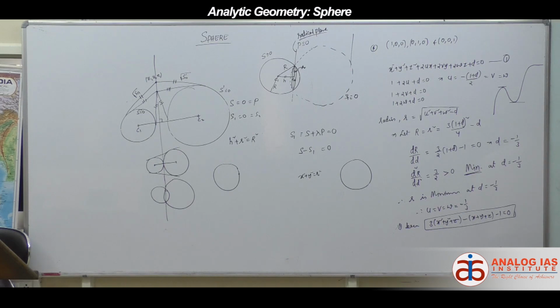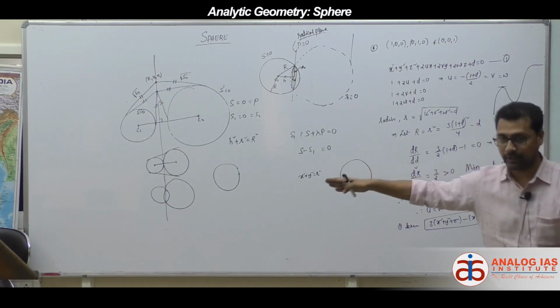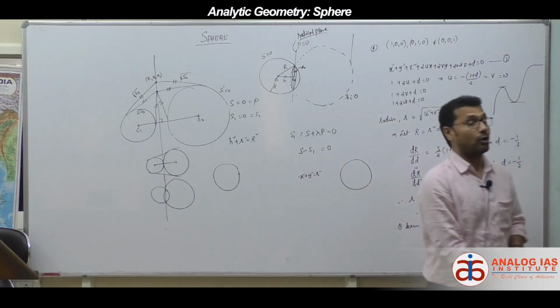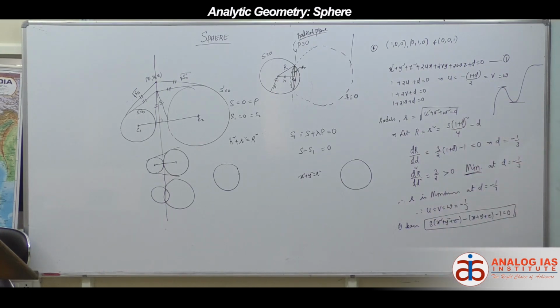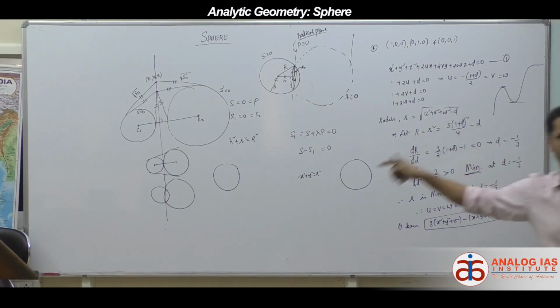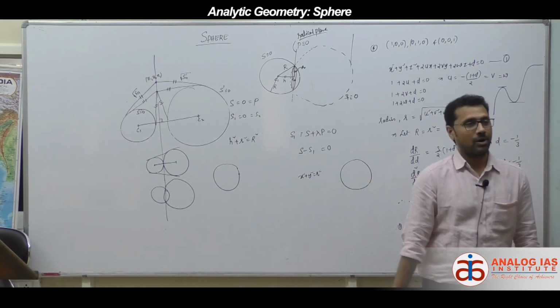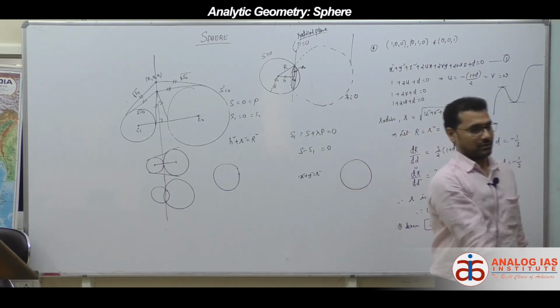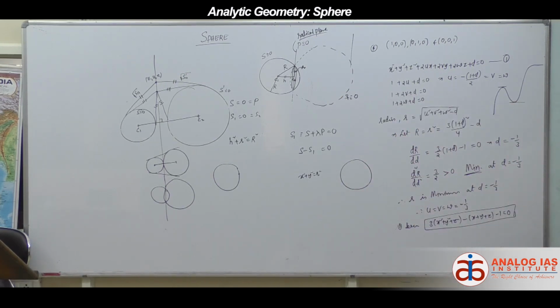Find the equation of a sphere touching this sphere at this point. Getting the question? How many such spheres can there be? Infinitely many spheres can touch my sphere at that point. All of them can be given in one expression. What would be that expression?